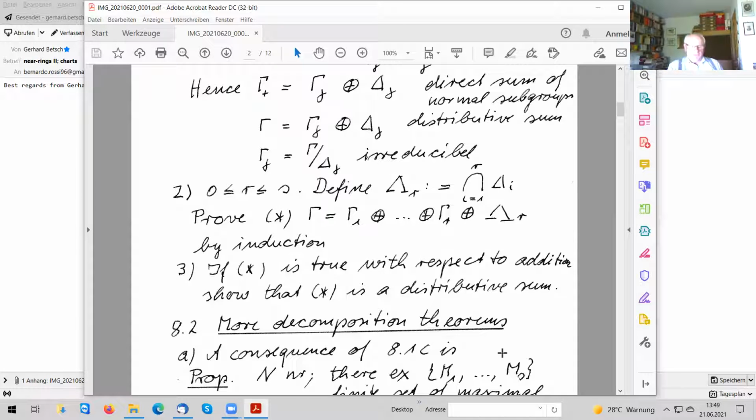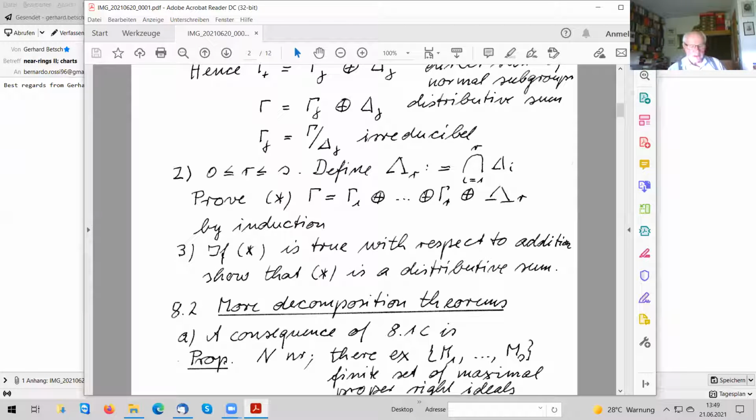And if this is true with respect to addition, then we have to show that it's just an application of methods which I explained, that this is a distributive sum.